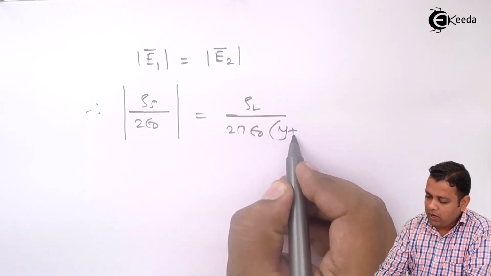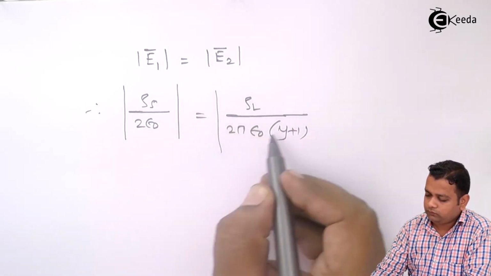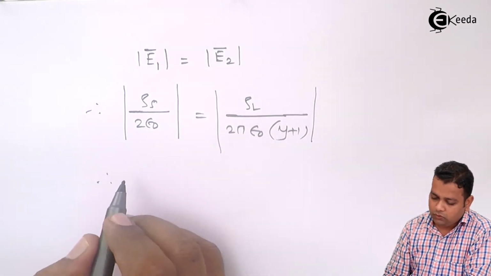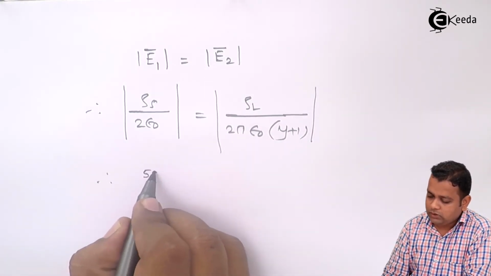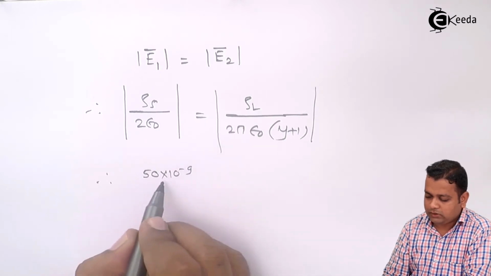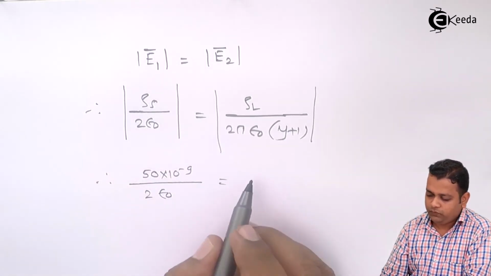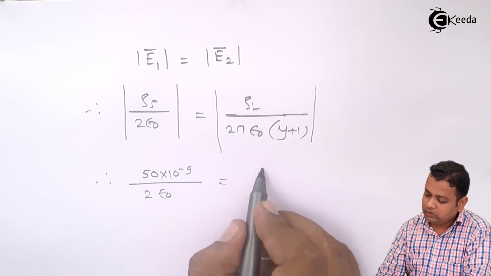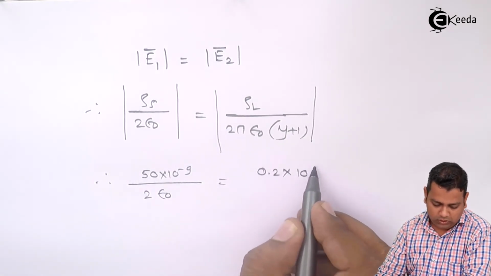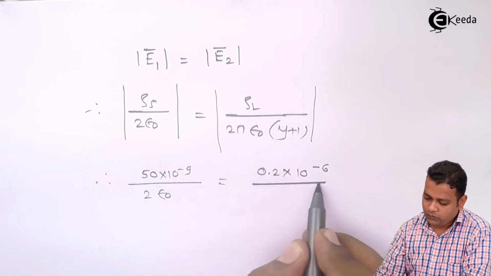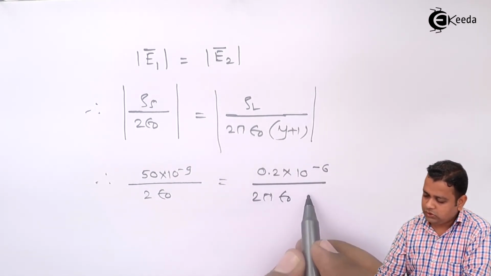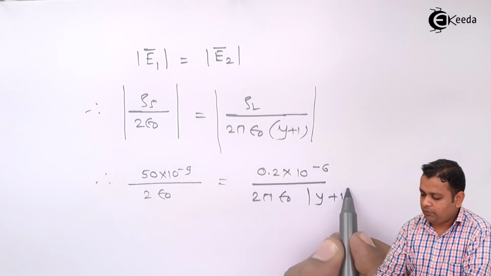Rho is y plus 1. We substitute rho s and rho l. This is 50 into 10 raised to the power minus 9 upon twice epsilon 0, equal to rho l, which is 0.2 into 10 raised to the power 6, upon 2 pi epsilon 0 into mod of y plus 1.